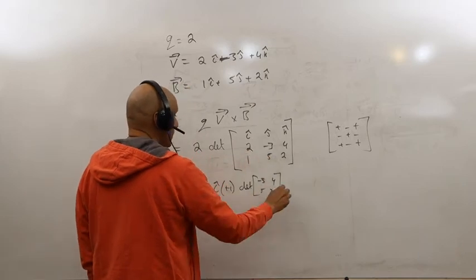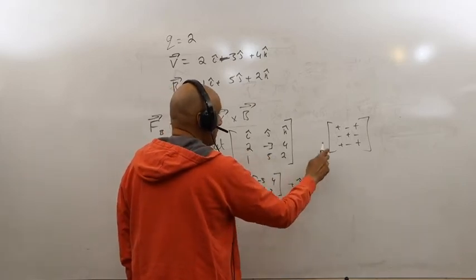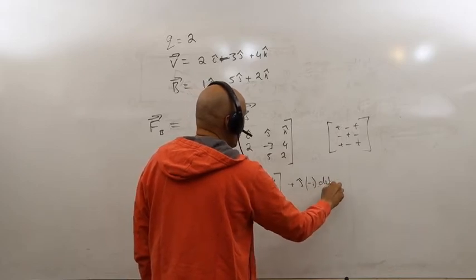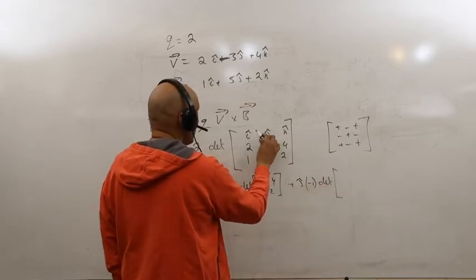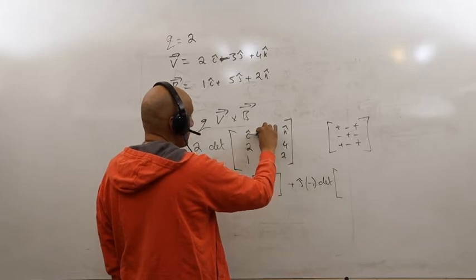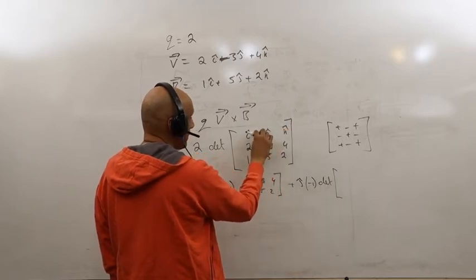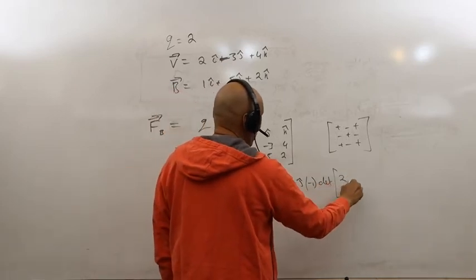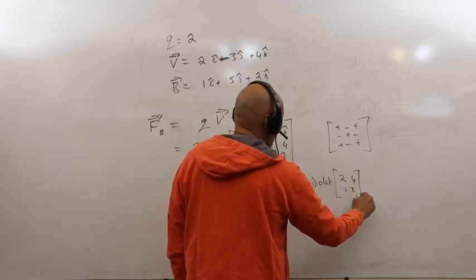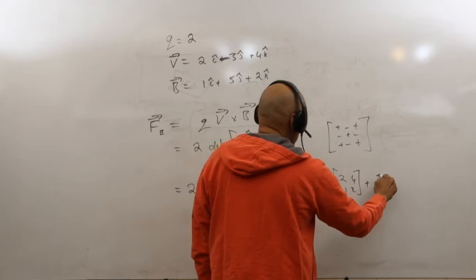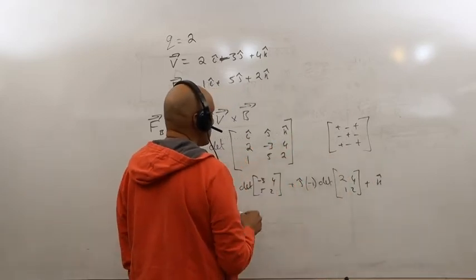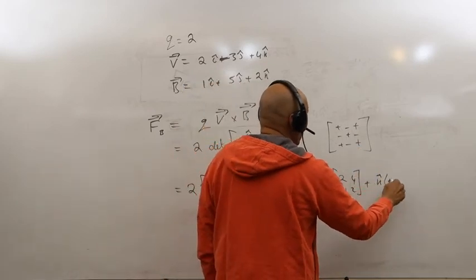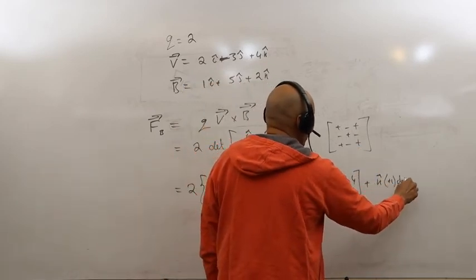Then we have the next j element. What's the sign of j? Minus 1. And we're now calculating the determinant of the minor matrix associated, removing the j row and column. So we're left with 2, 4, 1, 2. And then for the k vector, the Laplace expansion, k has a sign of plus 1, times the determinant.